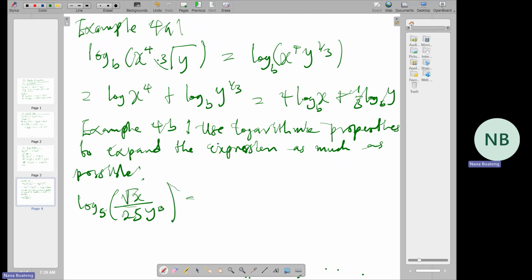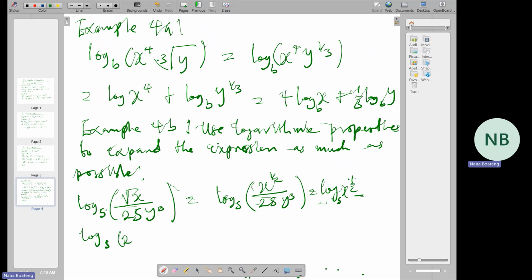All right, so this is equal to the log to the base 5 of the square root of x, which is the same as x to the power 1/2, divided by 25y cubed. And using the quotient rule, this is equal to log to the base 5 of x to the power 1/2 minus log to the base 5 of 25y cubed.